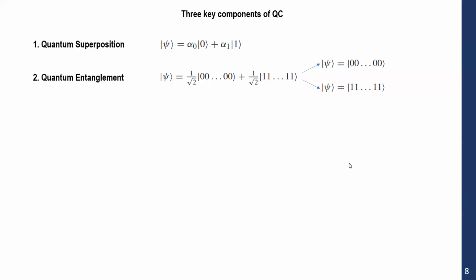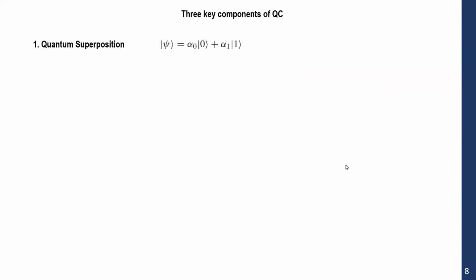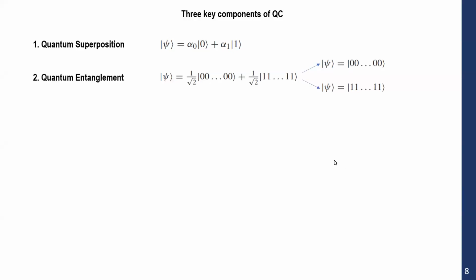All right, so the key component, the first one, is superposition. Another one is quantum entanglement, meaning that we can create some particular quantum states, like this one we discussed in the course, right?